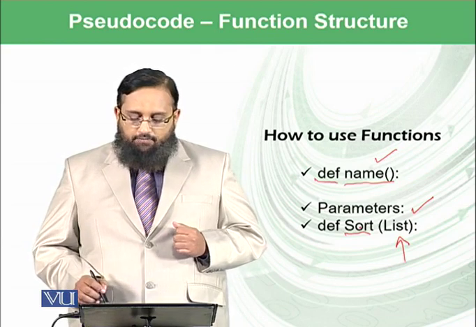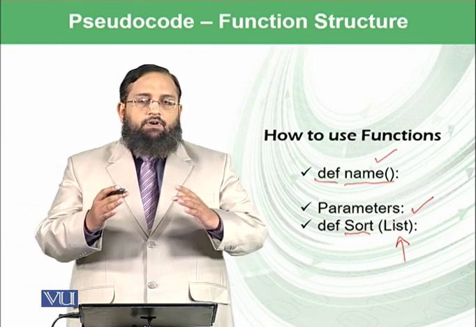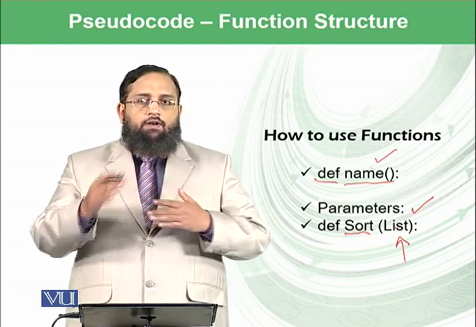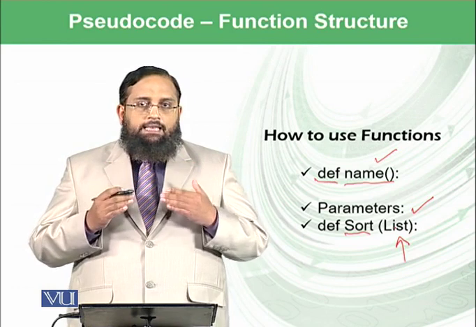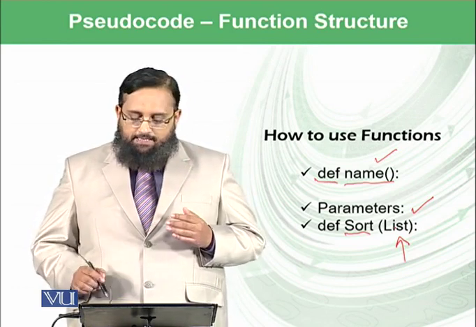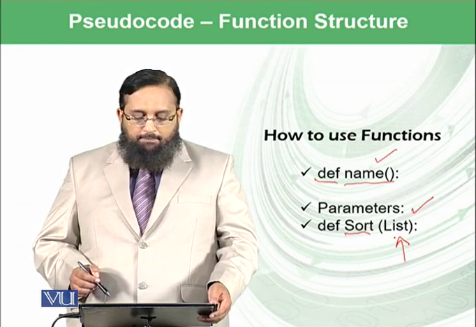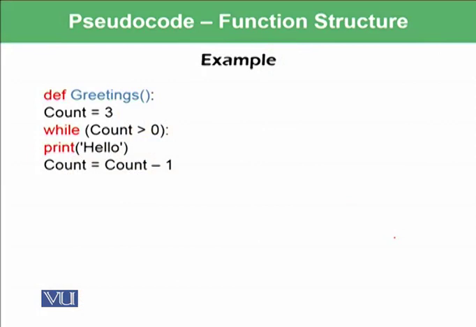And this sort function has a list, so you need to pass a list to this function to sort it. Whatever we need to give as an input to the function, we can mention in the small brackets as a parameter. So this is an example of representing function structure.